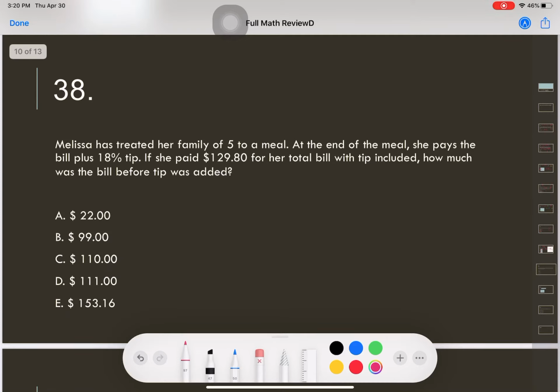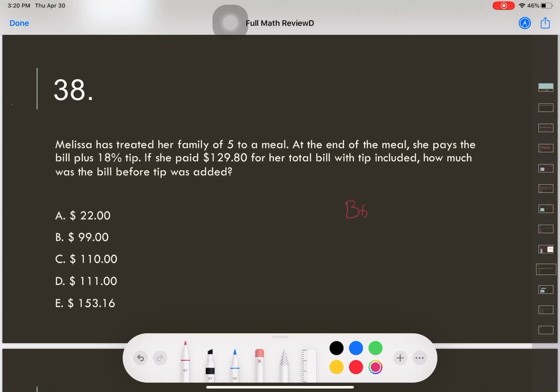38, Melissa has treated her family of 5 to a meal. At the end of the meal, she pays the bill plus 18% tip. If she paid $129.80 for a total bill with tip included, how much was the bill before the tip was added?